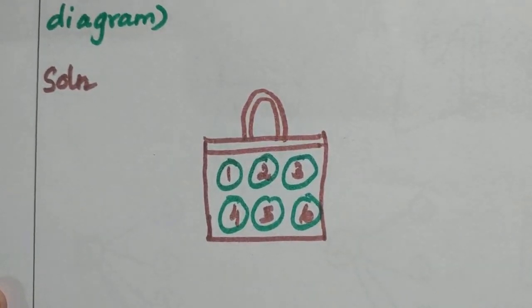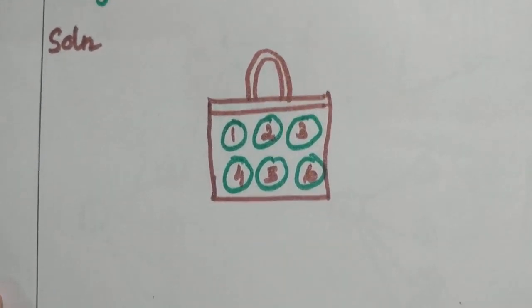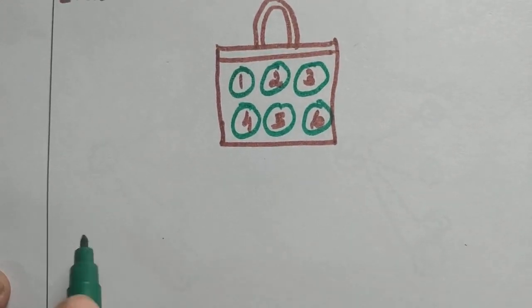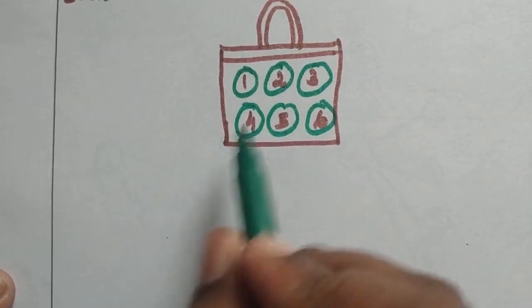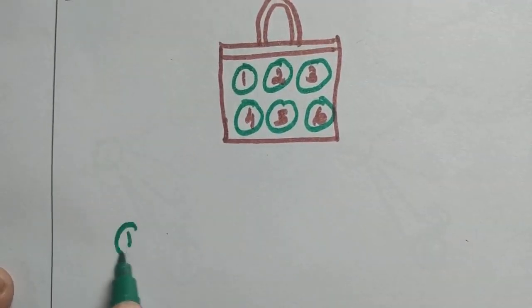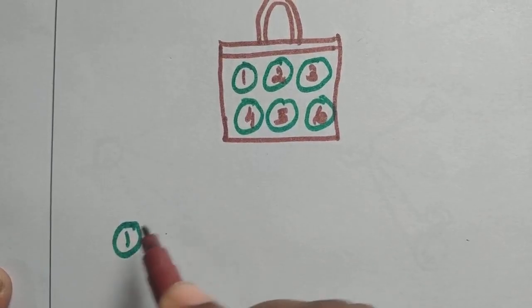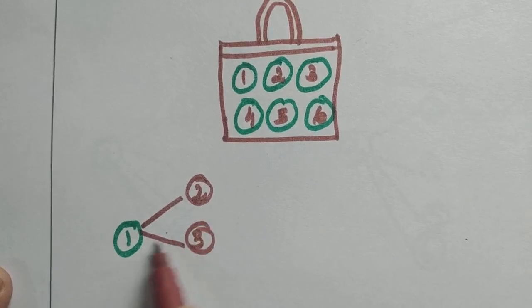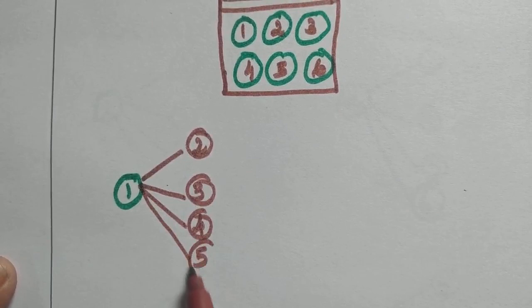Now we have to select 2 balls from the bag. So let us start to draw a tree diagram for this one. If I select the ball that numbered 1, what are the possibilities for the second ball? The second ball may be 2 or 3 or 4, 5 or 6.